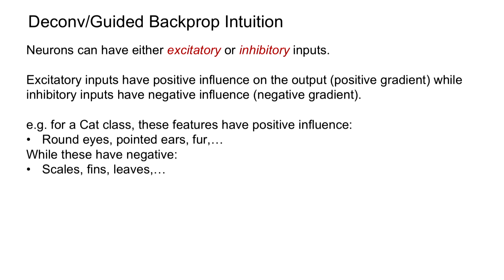So when we're tracing back to find the pixels on the input that influence some neuron, we probably want to focus on excitatory. That's the effect we just saw in the slide. Because there's a narrow set of excitatory features that the cat image has, right? There are actual paws and ears and eyes and so on.